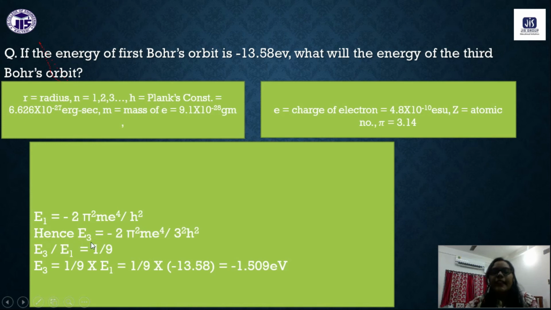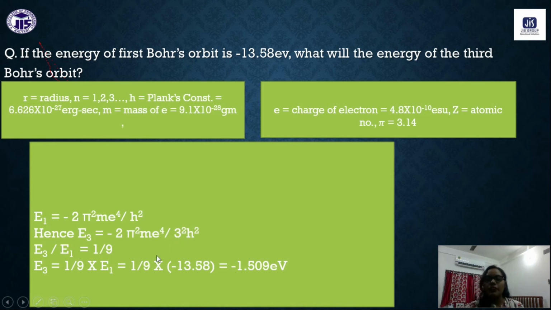So hence E3 equals minus 2 pi square m e to the power 4 by 3 square h square, because here n equals 3, not 1. That is why we have put the 3 value.